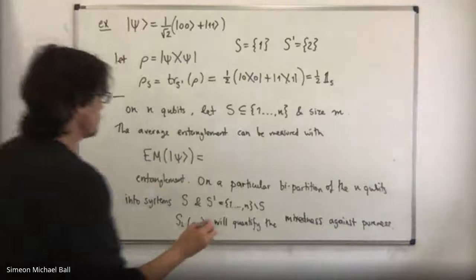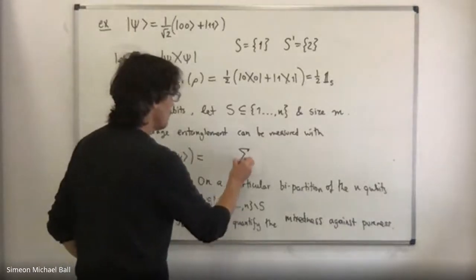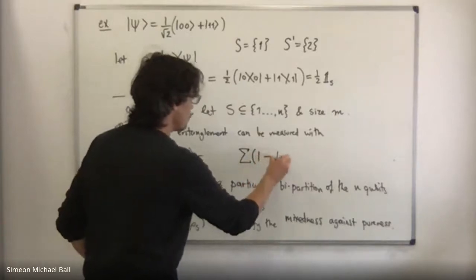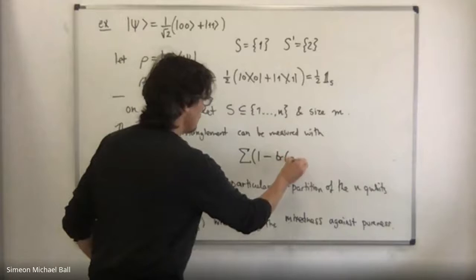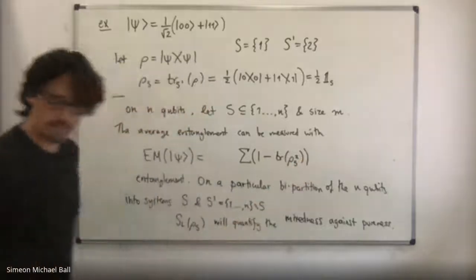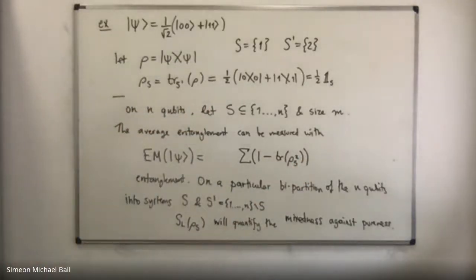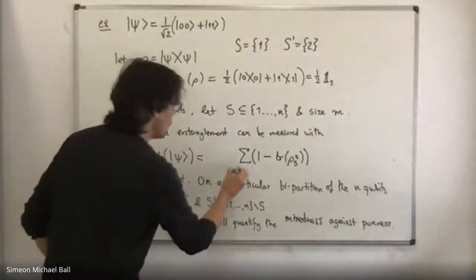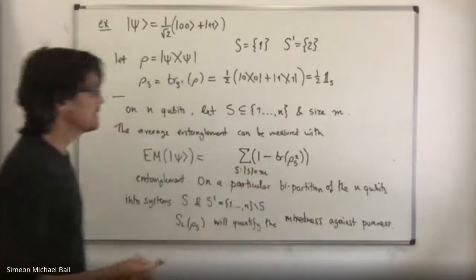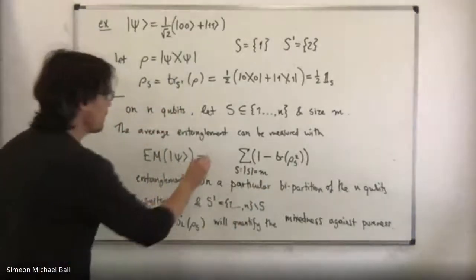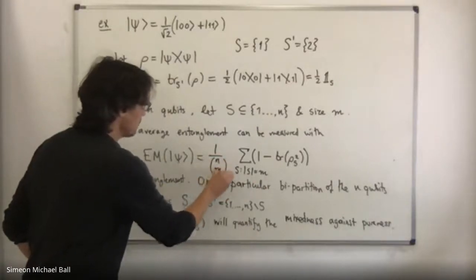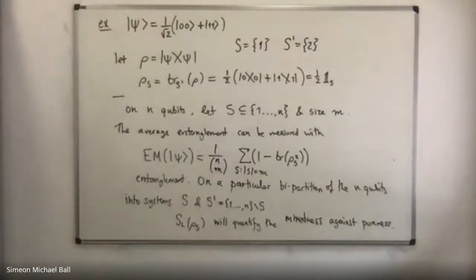Well, what we want to do then is average out over the linear entropy. So we're going to go 1 minus the trace of rho_S squared. So we took the linear entropy of our reduced operator. We're going to sum that over all S such that S has size m. And since we're doing the average, we're going to average out by all subsets of size m, which is 1 divided by n choose m.